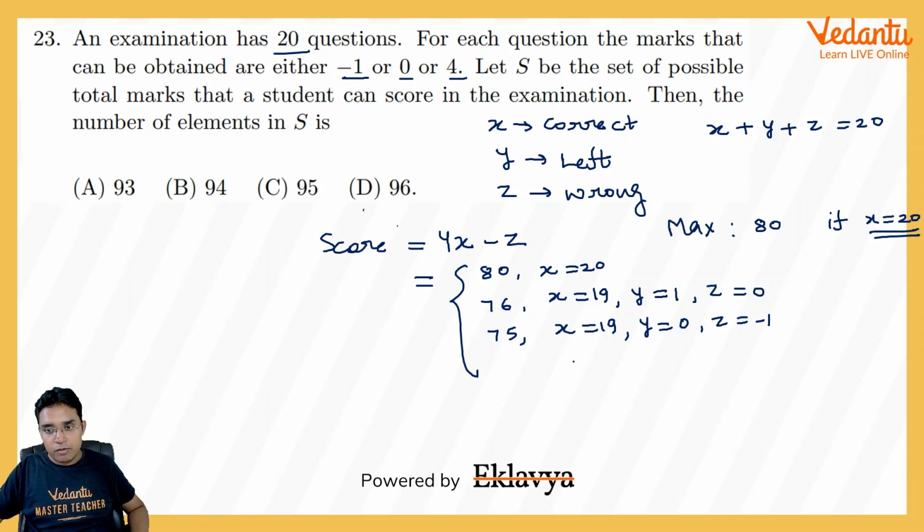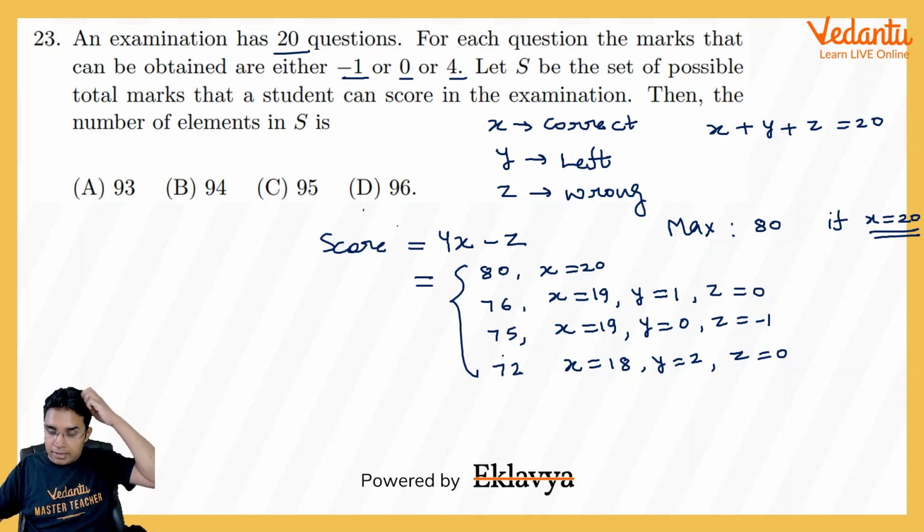I think the next one would be that you have done 18 questions correct, but you have left the 2 questions so that there is no negative marking. In this case, we will be getting 18 into 4, 72 marks. So once again, there is a gap of 2 marks. 74 you cannot obtain, 73 we cannot obtain.